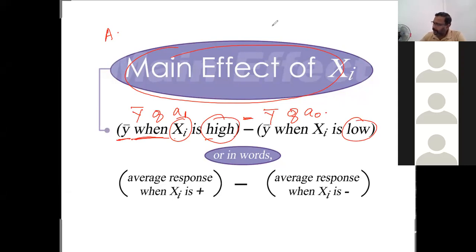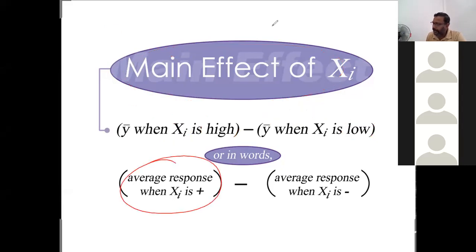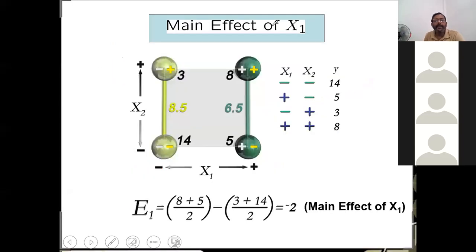In other words, we can say it is the average response when X equals the higher level, minus the average response when X equals the lower level. That is how we find out the values. This is just an example. These are the responses, for A0 B0, A1 B0, A0 B1, A1 B1.